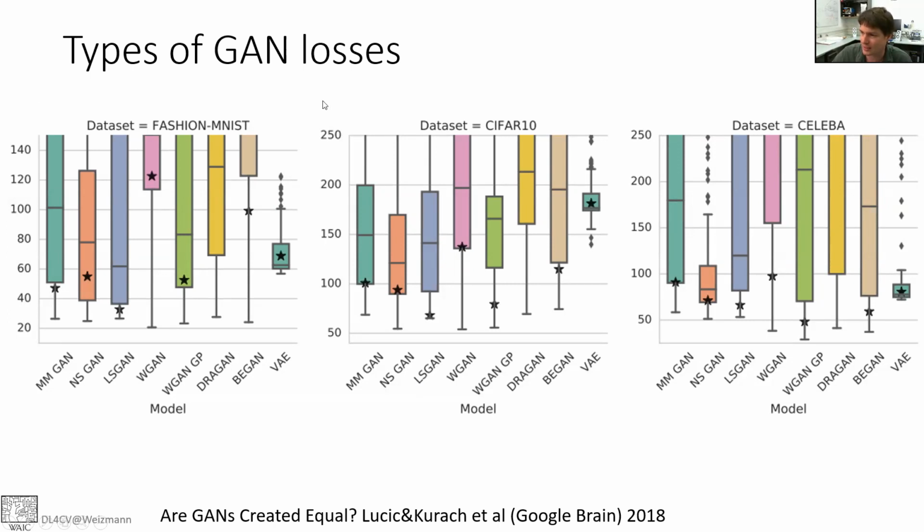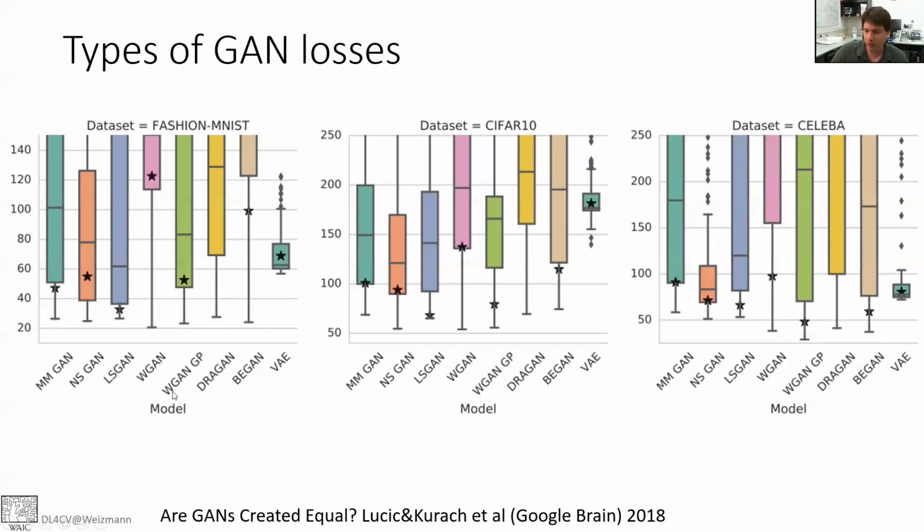So the y-axis is the FID. So lower is better. Okay. And they took the mean. So for example, this line you see here, or the lines here, this is the mean performance. And I think the colored is 1 sigma and the uncolored is 2 sigma of the distribution of FID results.